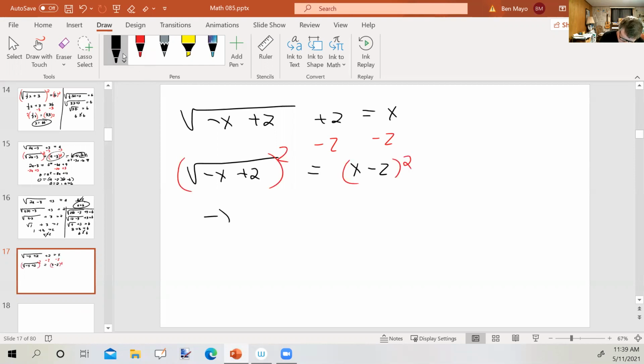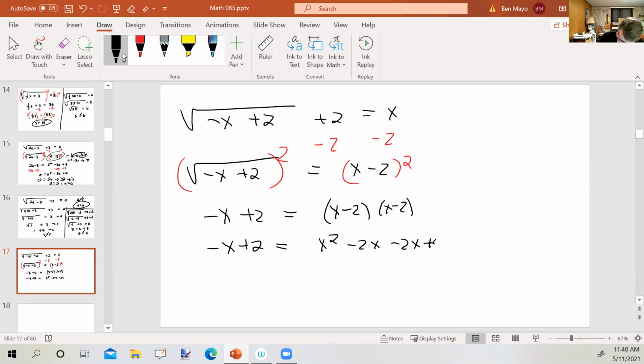So on the left, I get negative x plus 2. On the right, if I take x minus 2 times x minus 2, I get x squared minus 2x plus 4. Negative x plus 2 equals x squared minus 4x plus 4.